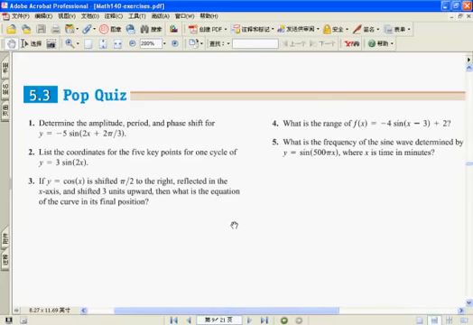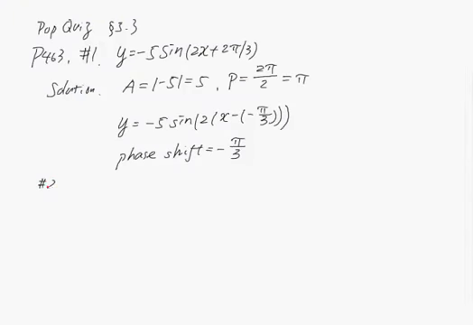Now next, number 2: list the coordinates for the 5 key points for one cycle of y equal to 3 times sine of 2x. We have the function y equal to 3 times sine of 2x.